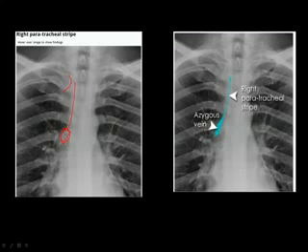The azygous vein will be seen here. This stripe is important to see in X-rays. If there is some mass or lymph node, it will push this line laterally. That's how we can identify an abnormality in that area. That is the right paratracheal stripe. Like that, there are multiple lines and stripes identified in the mediastinum, which we will not cover now. That itself is a totally different topic.